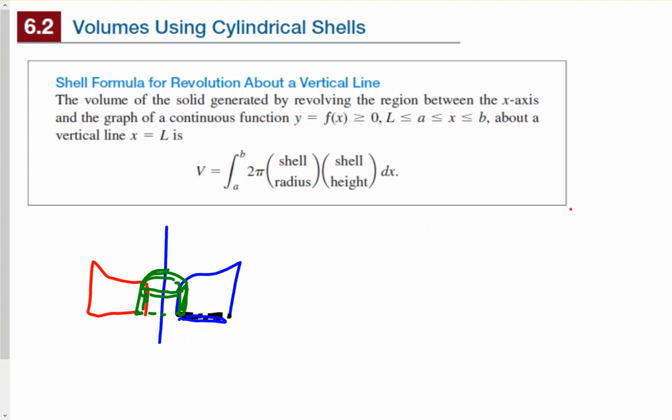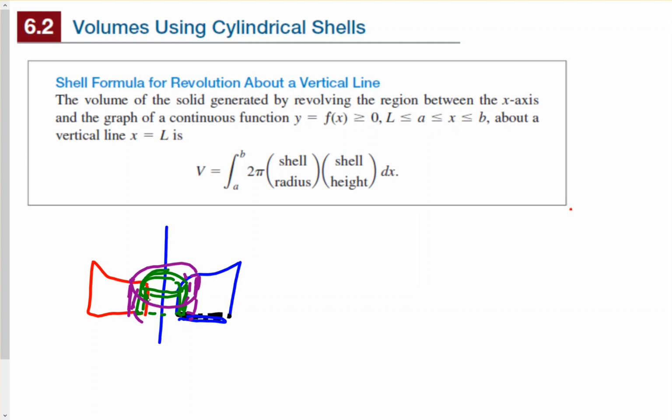And then for the next one after that, you would take another width, and that would go around that way. And this would continue until you filled up the whole width of that interval.